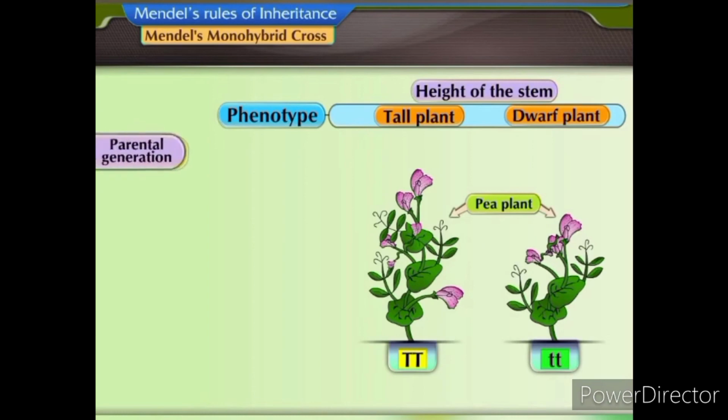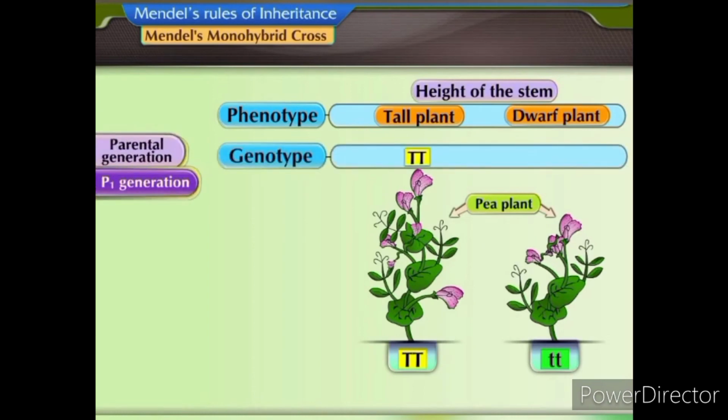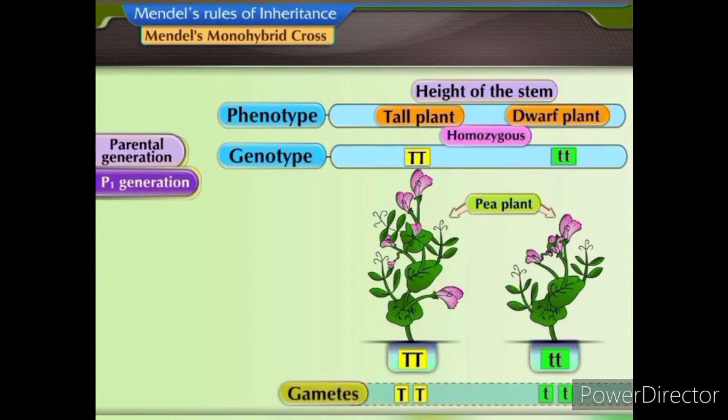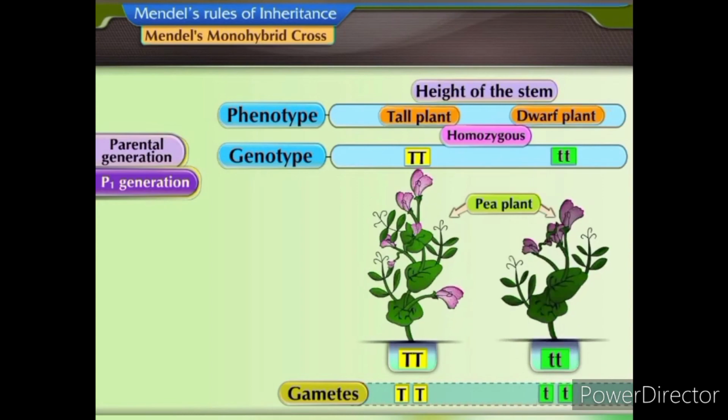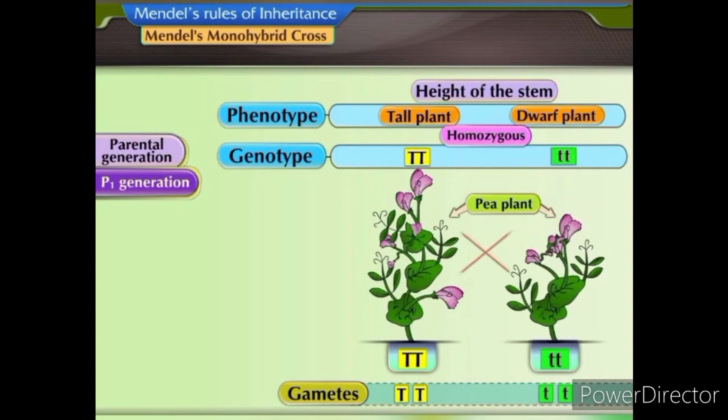The parental generation P1 generation has the genotype capital T capital T for a pure tall parent plant and small t small t for a pure short, that is a dwarf plant. Both the parents are homozygous, having one type of gamete each, that is, capital T from tall parent and small t from dwarf parent. These two plants are crossed with one another.